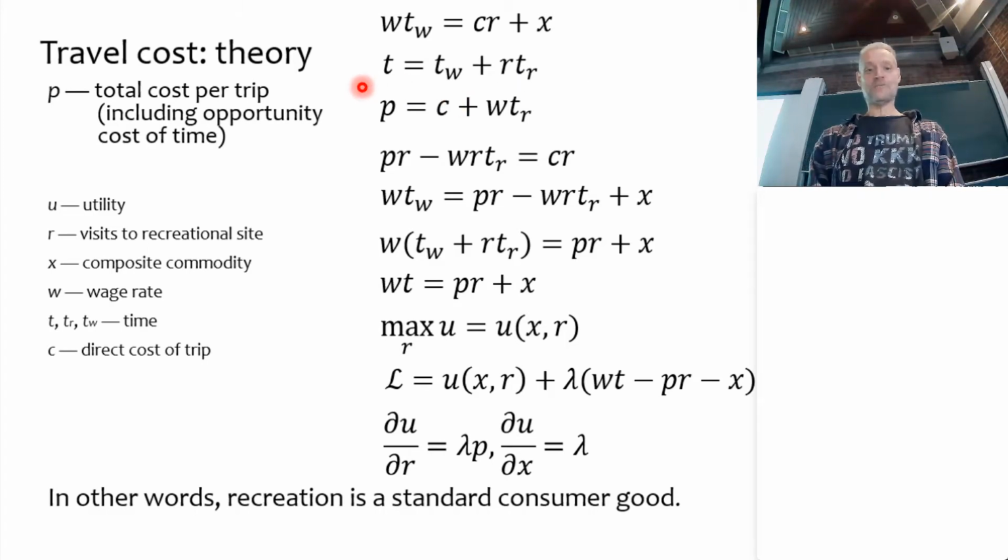Then the price for recreation per trip is really the cost of travel, C, plus the time spent traveling, TR, times the opportunity cost, W, right? That is the entrance fee that we pay. Now, if this is true, then we can multiply both sides of the equation by R and bring the WTR to the other side of the equation to have this expression here, right? Simple algebra so far.